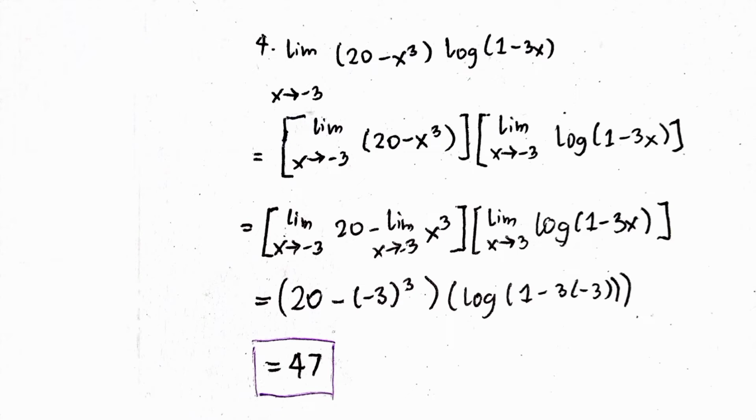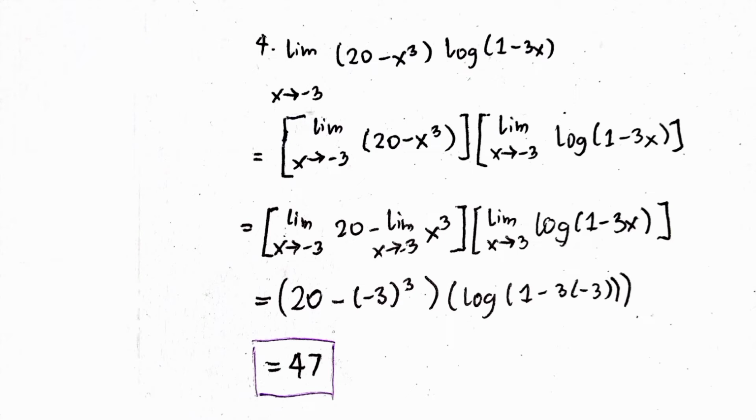Furthermore, applying the sum theorem, we have the limit of 20 as x approaches negative 3 minus the limit of x cubed as x approaches negative 3 multiplied by the limit of the logarithm of 1 minus 3x as x approaches negative 3.